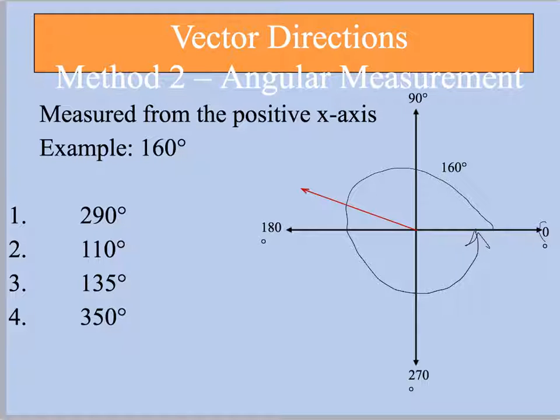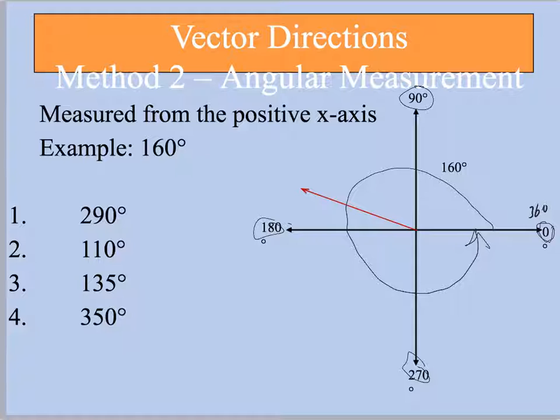So this is 0 degrees, this is 90, this is 180, and this is 270. And of course, we also could put 360 instead of 0 degrees. They represent the same thing. That way, any number that you get, there is only one exact vector that could match. You don't have to deal with north of west and south of east and all this other stuff.